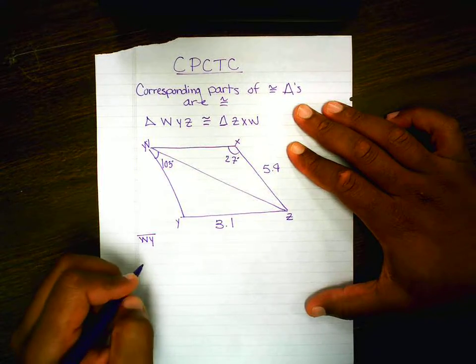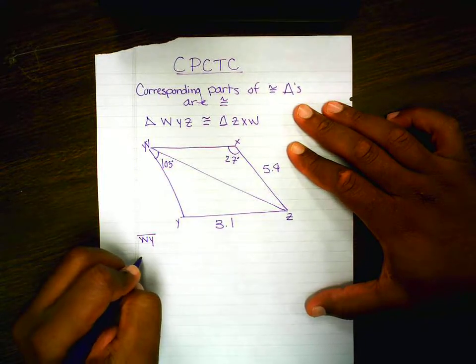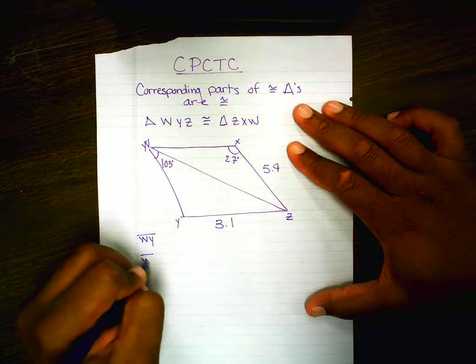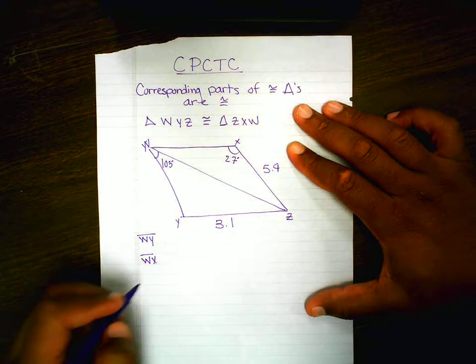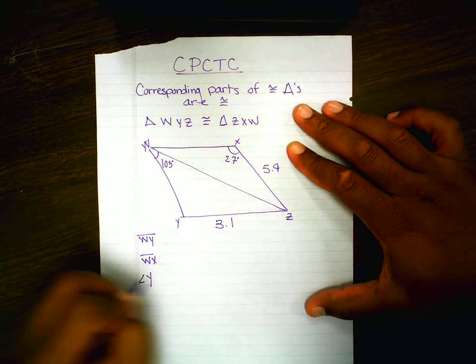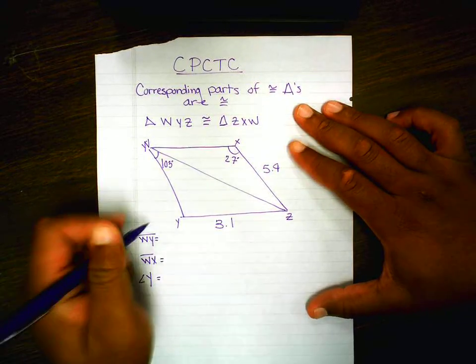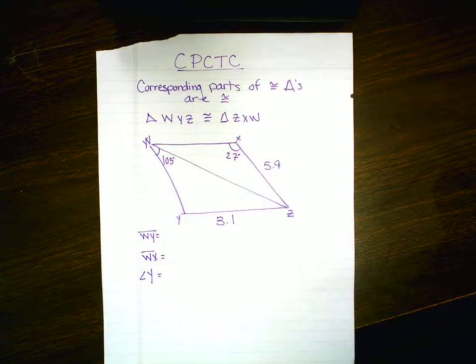I wanted you to find segment WX, and I want you to find angle Y. Of course, looking at this for the first time, you're like, what in the world?